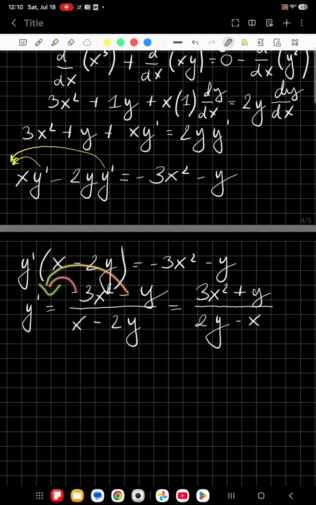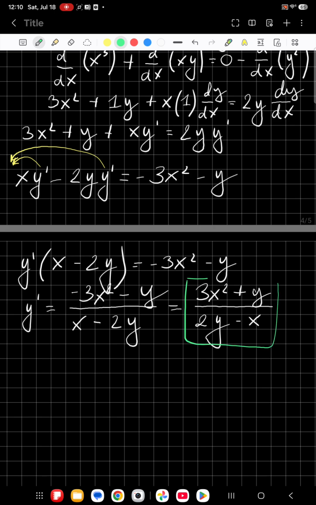So 2y ended up being positive, and x ended up being negative. That's the final answer.